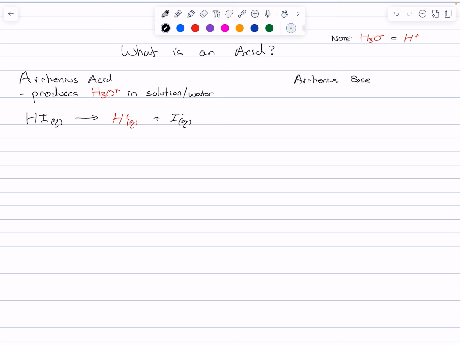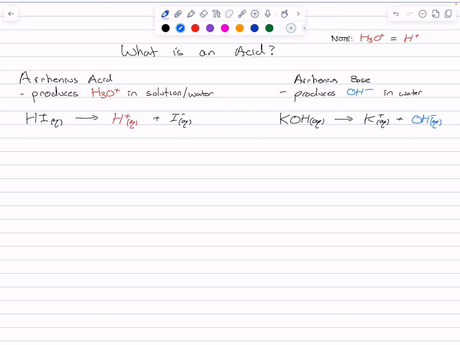Well, that produces hydroxide in water. Well, what would that be? Like your potassium hydroxide. In water, we get potassium ion and hydroxide. So there's the Arrhenius definition of an acid base.